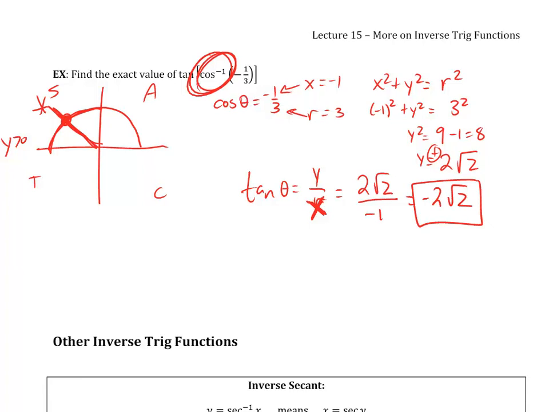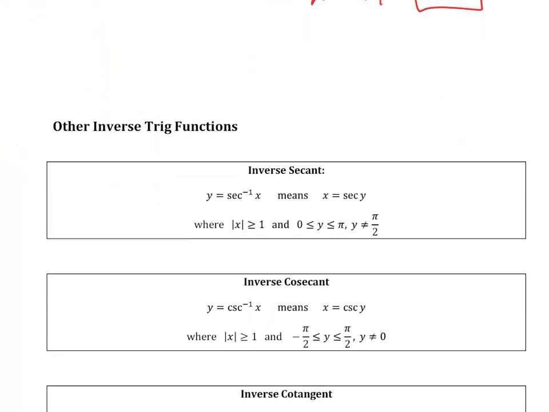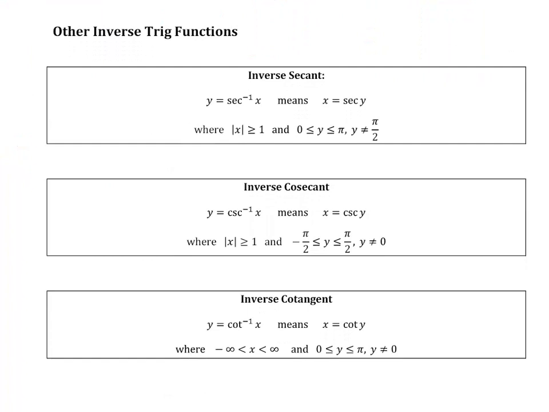All right, now let's move on, and we're going to go through these relatively quickly because they follow the same basic structure as the inverse sine, inverse cosine, and inverse tangent. We talk about the inverse secant, the inverse cosecant, and the inverse cotangent.